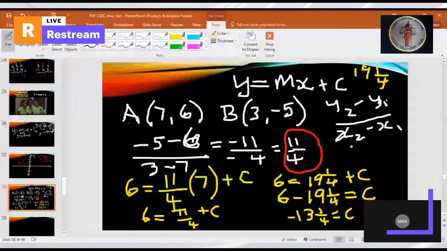Now we just write back y equals the gradient, which is 11 over 4, x, minus 13 and a quarter.